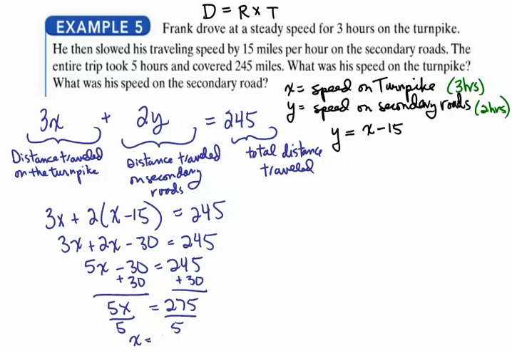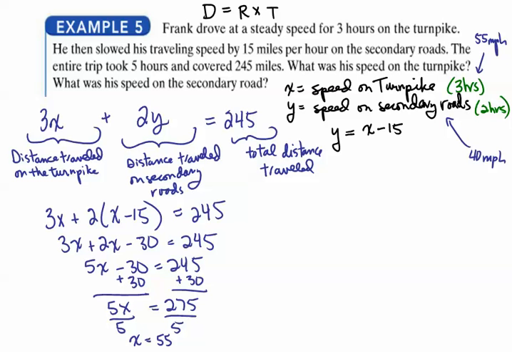So that means that the speed on the turnpike would have been 55 miles per hour. And you recall that the speed on the secondary roads was 15 miles per hour less than that, so that should be 40 miles per hour. And we're just going to check our results here to make sure we got everything correct.